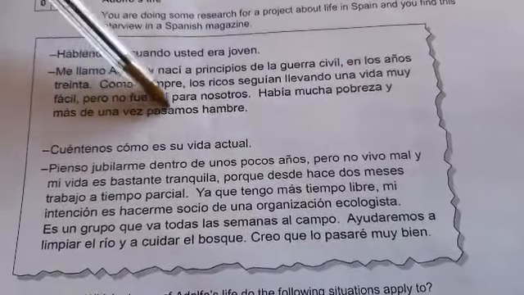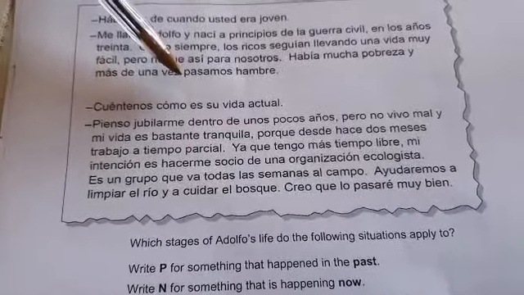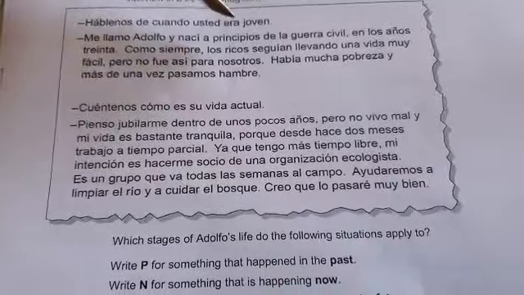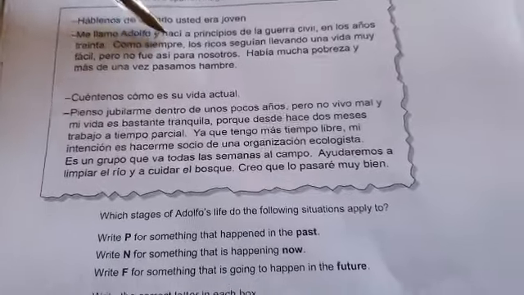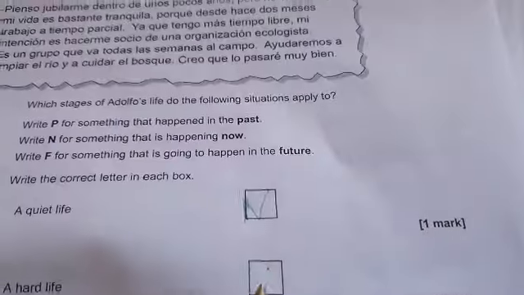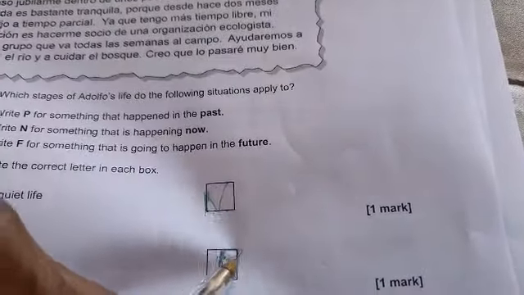And we went through hunger. Okay, we actually, más de una vez, more than once, we went hungry. So yeah, in the past, you'd put for that one, because he does mention the hard life. Obviously, anyone who's going through hunger, it's not the best life, is it? So we're going to put a P here for in the past.